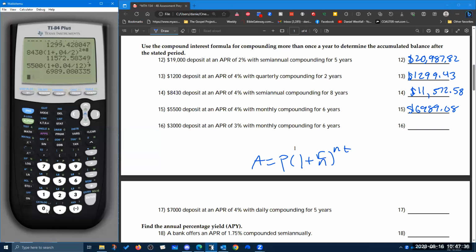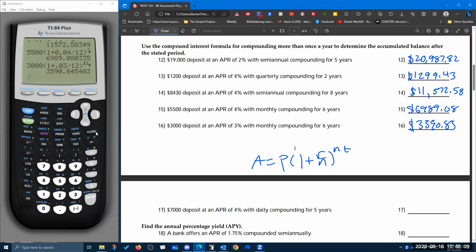Now we have $3,000 on deposit that is compounded monthly at 3% for 6 years. And that gives us $3,590.85, rounded to the nearest cent.